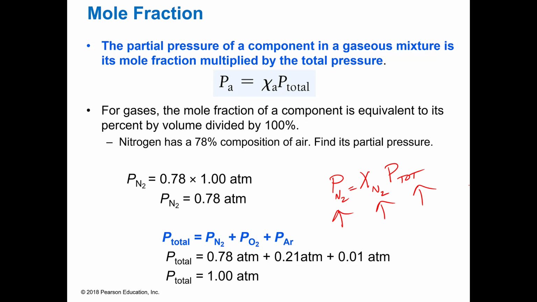You can also flip that. In this case we said nitrogen is 78%, which out of 100 is 0.78 out of 1. Then the partial pressure divided by the mole fraction will give us the total pressure.